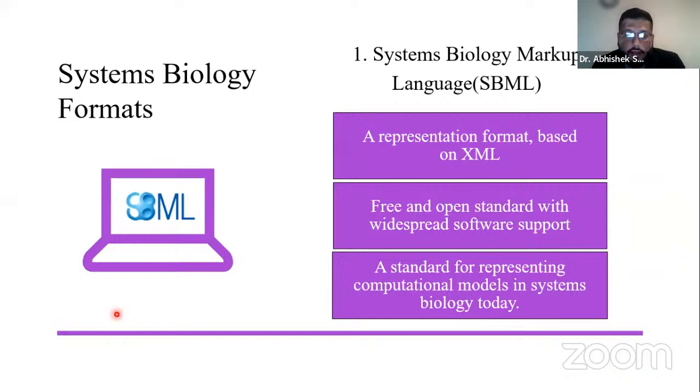It is a representation format for communicating and storing computational models of biological processes. Even networks can be represented in SBML format. These are free and open standards with widespread software support. They can represent many different classes of biological phenomena, including metabolic networks and cell signaling. So all those intracellular types of networks can be represented using the SBML file format.